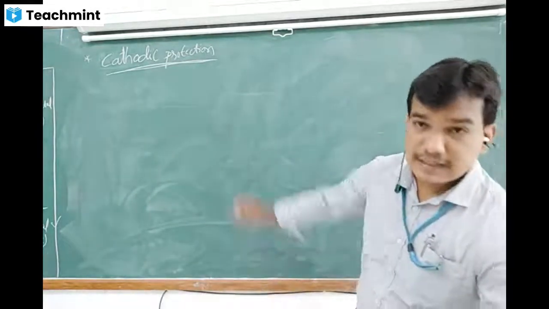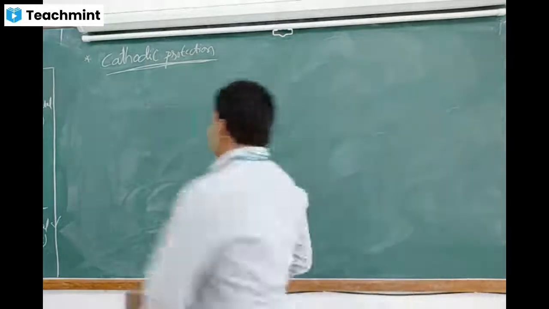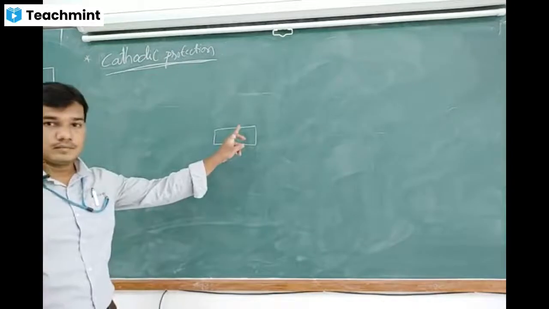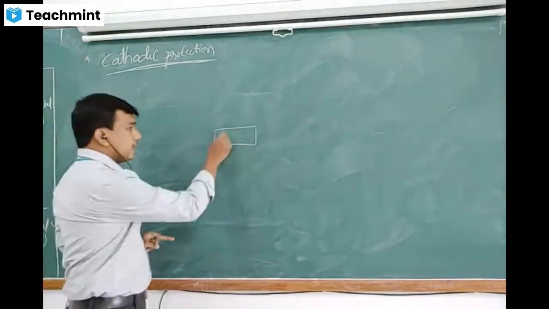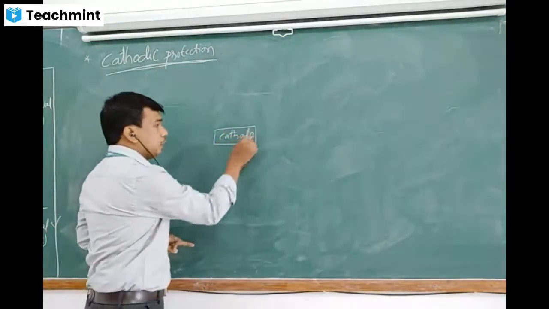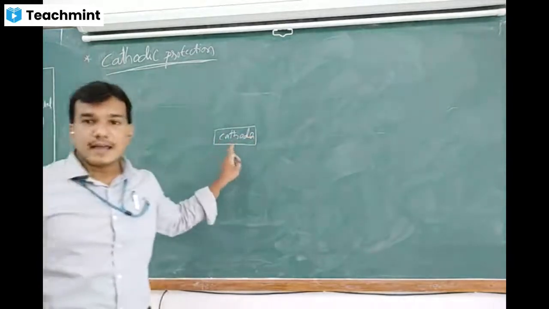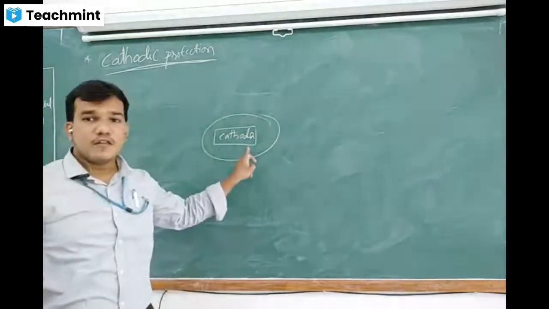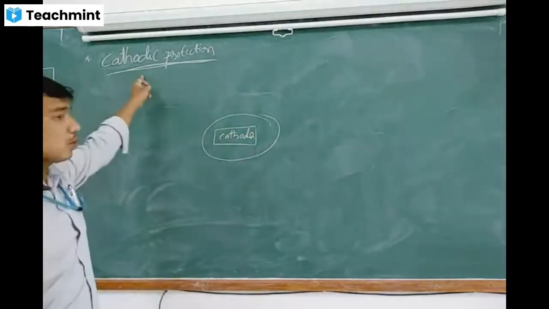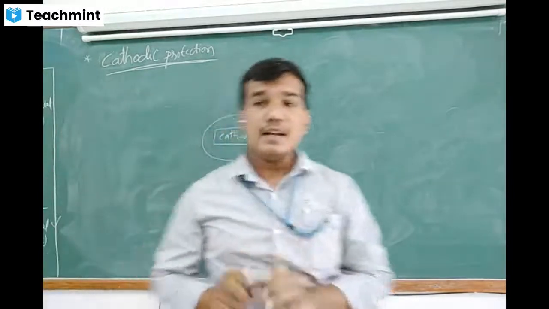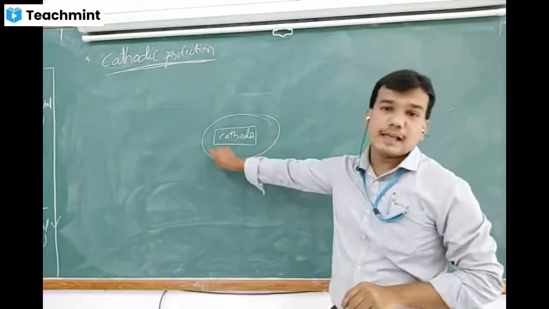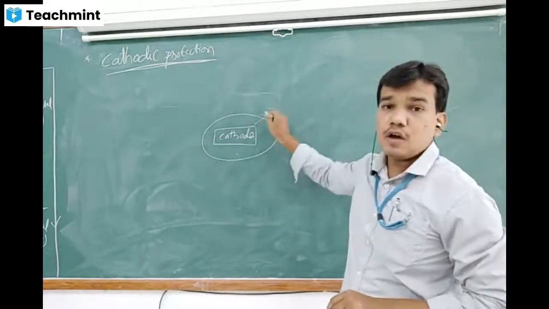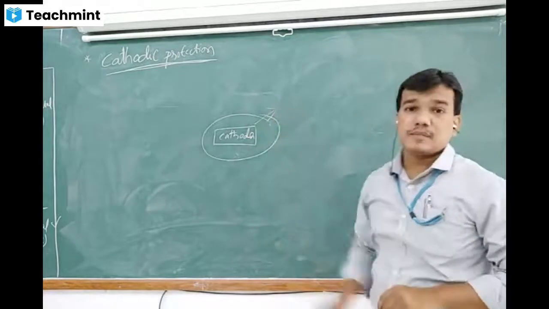So the concept of cathodic protection is that we have to make the complete metal a cathode. Then there is no corrosion for this metal. If it becomes cathode, it will not undergo corrosion. It is safe from corrosion.